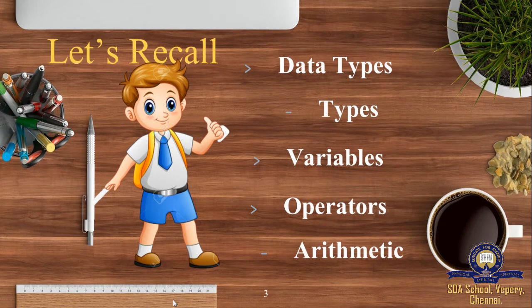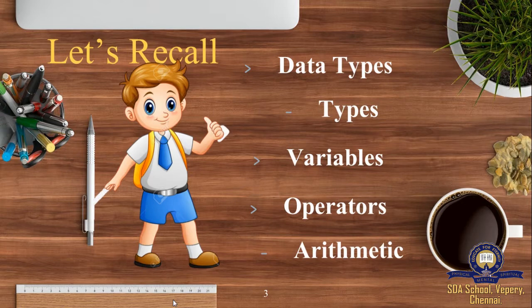Every programming language has three types of data types. One is fundamental, another one derived, third one user defined. We discussed in detail in last class itself. Try to recall the topics.